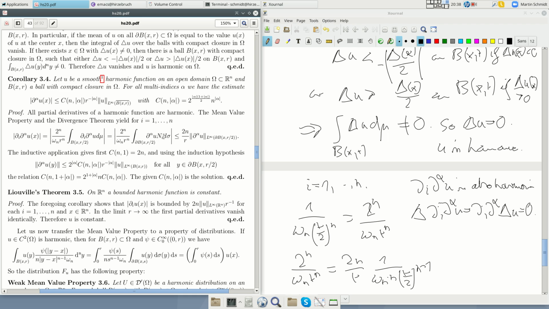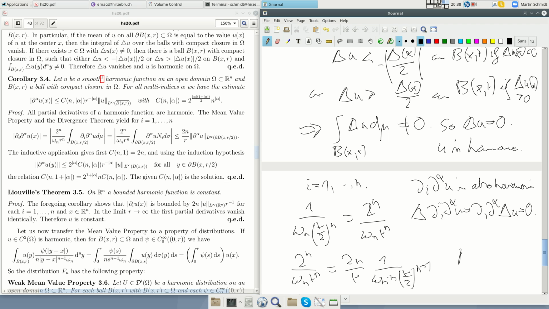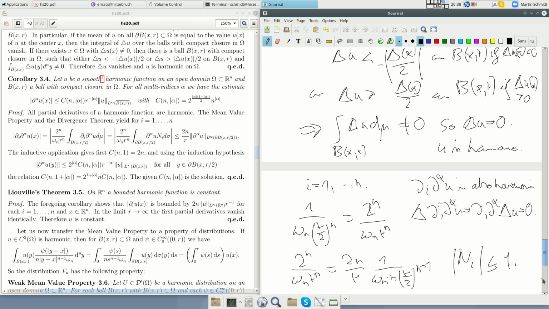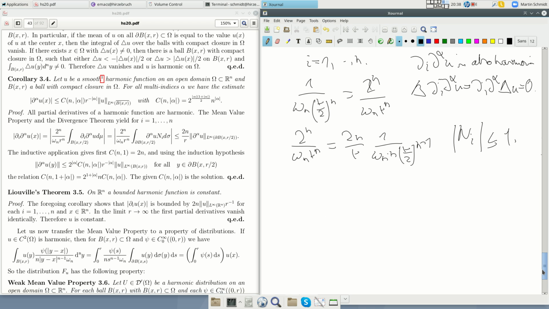And the n_i absolute value is of course always smaller than 1, because the normal has length 1, so all components are at most 1. So we have this estimate here. This is now our estimate, and now we apply this estimate inductively. So what is now the idea? We only need this estimate.